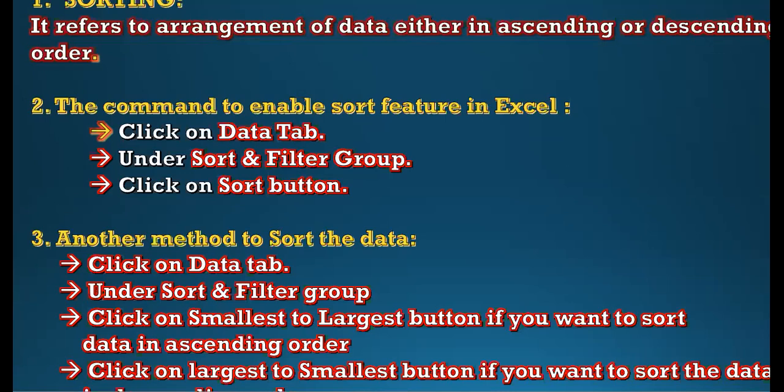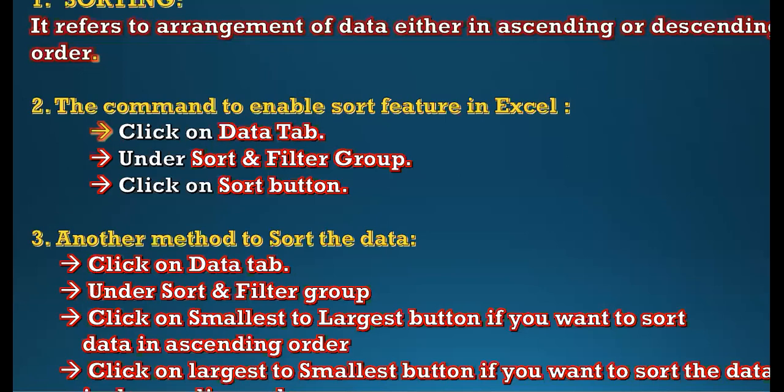Listen how to attempt application based questions. Listen to me carefully. You know that the sorting feature has to be used here, okay? Neha should click on data tab. Under sort and filter group, she should click on sort button.